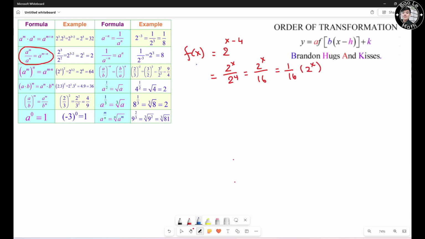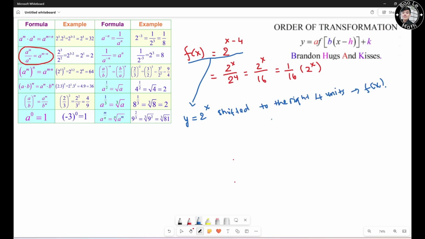Now, originally, this is the horizontal translation of the function y equals 2 to the x to the right 4 units to get f of x. Now, after manipulating, we get the final function right here, right? This guy right here is still f of x, right?